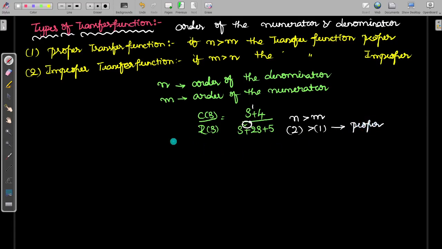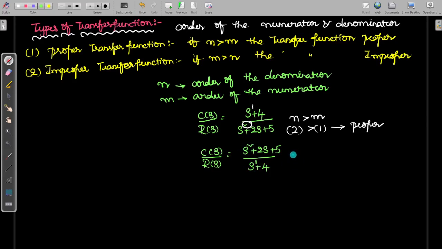So this is called the proper transfer function. Let us take another example, C of s divided by R of s. I am just taking the reverse of this: s square plus 2s plus 5 divided by s plus 4. Here you observe the highest power in the denominator is 1 and in the numerator is 2.